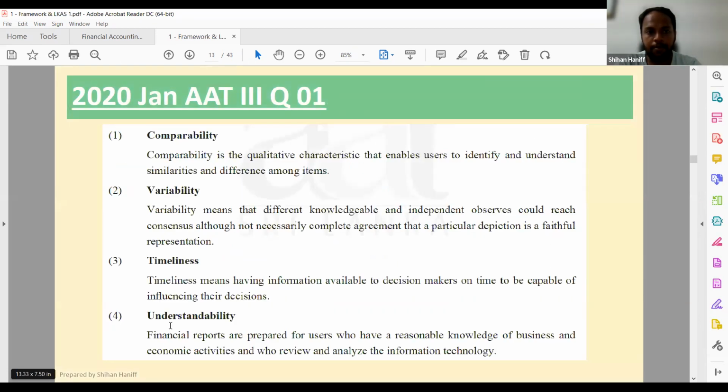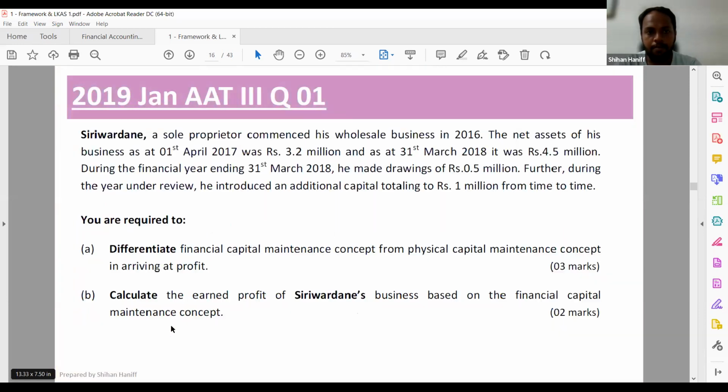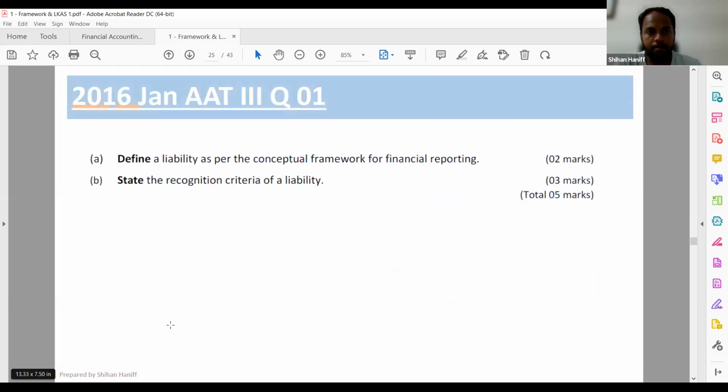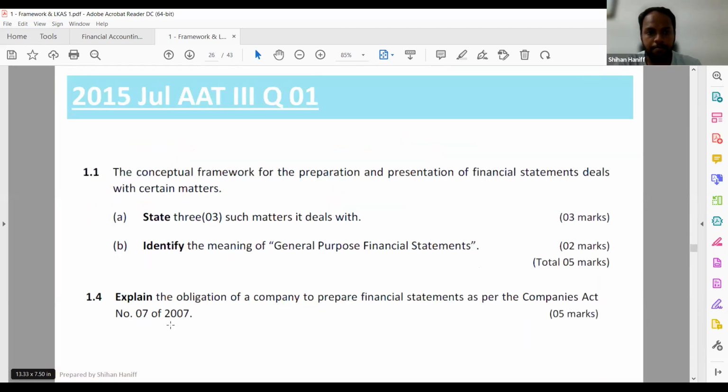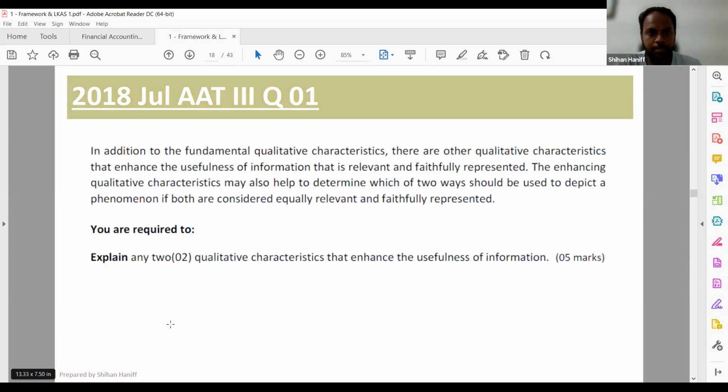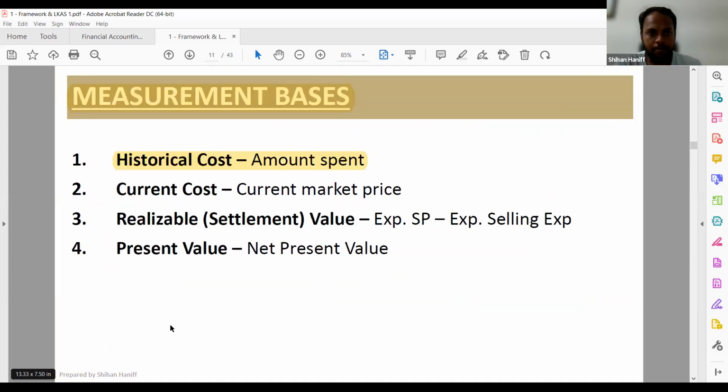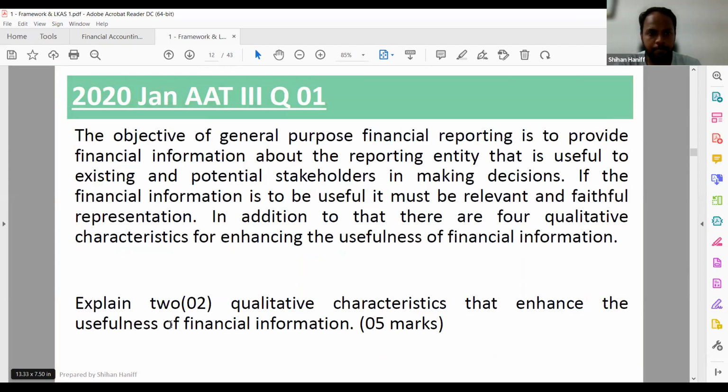There are some past papers from different sources. Shall we do few questions from this? Right. So this is from a AAT paper. They're asking, can you all tell me the answer?